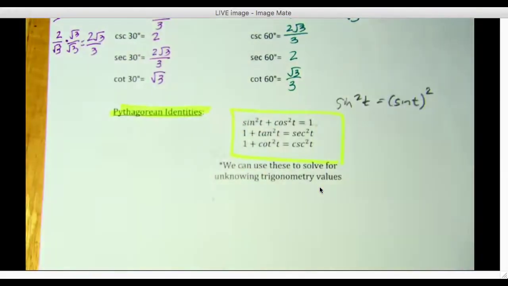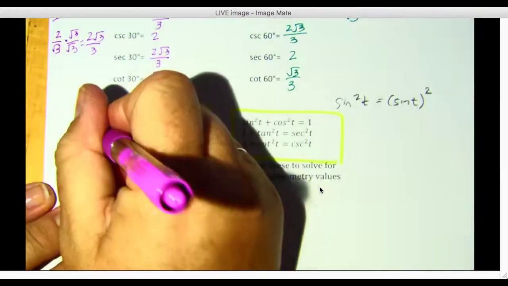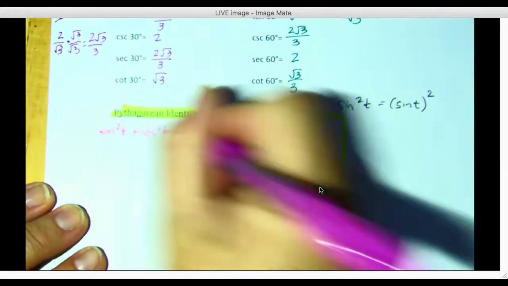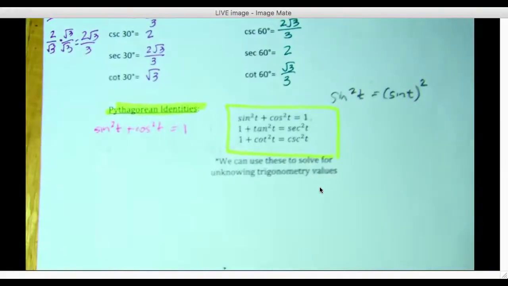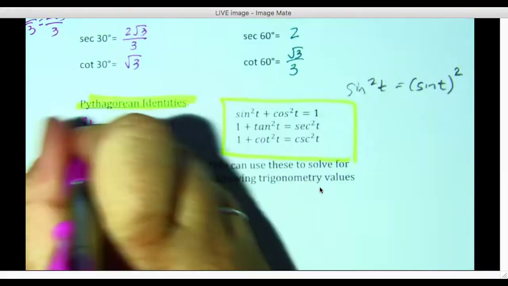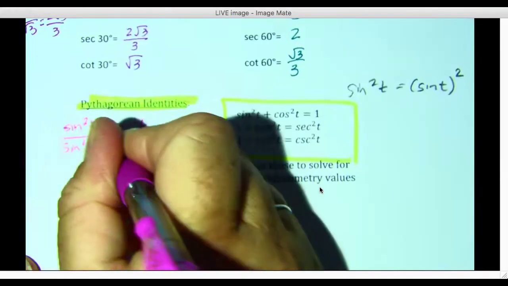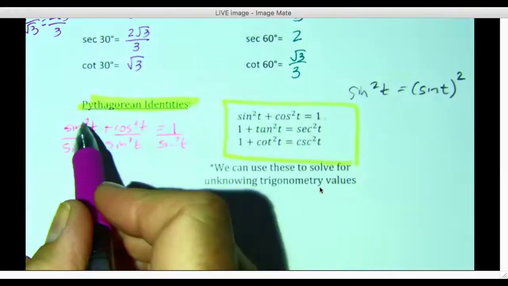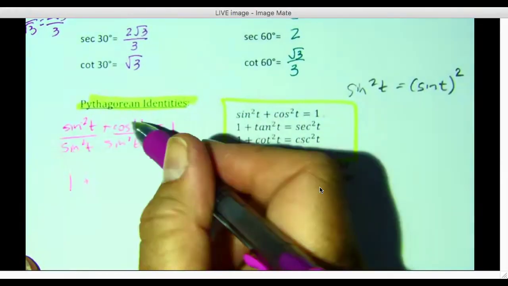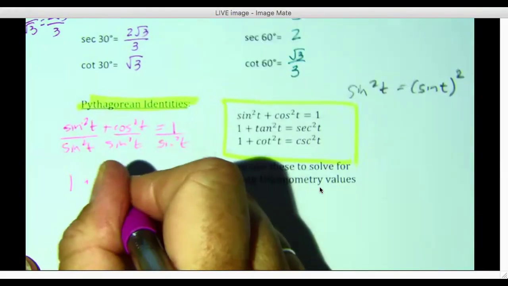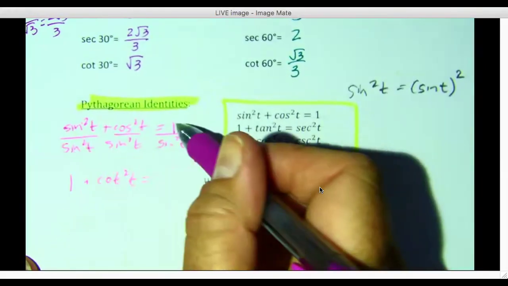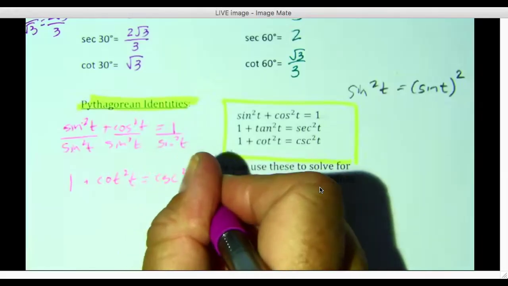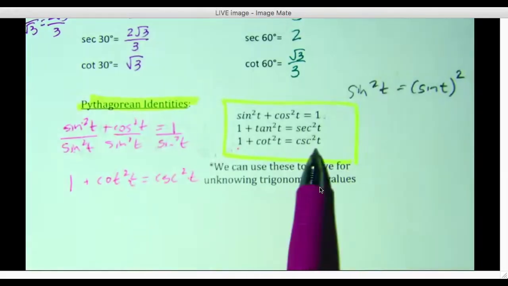So if I have sine squared t plus cosine squared t equals 1, and I divide each of those terms by sine squared, sine squared over sine squared is 1. Cosine squared over sine squared is cotangent squared. And 1 over sine squared t would be cosecant squared t. Well, that's this bottom formula.